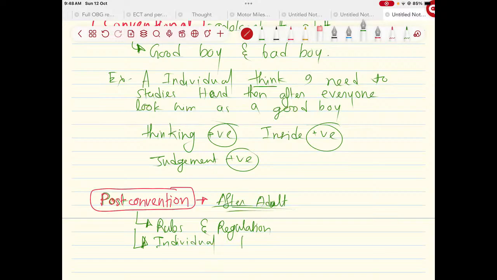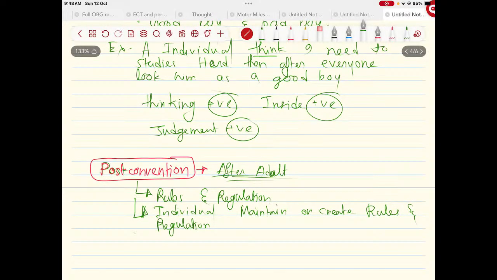The individual maintains or creates rules and regulations. For whom? For maintaining a good life.